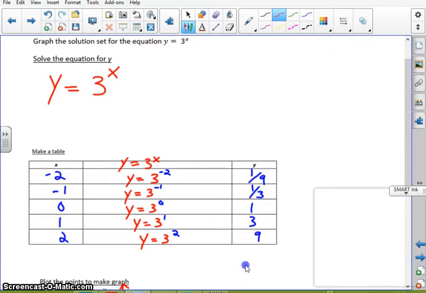So when I plug in -2 for x into my equation, y equals 3 to the power of x, 3 to the power of -2 is the same thing as 1 over 3 squared. 3 squared is 9, so we have 1 over 9.